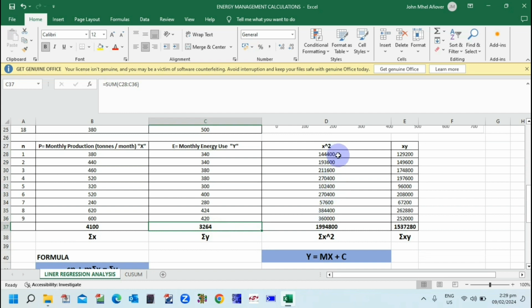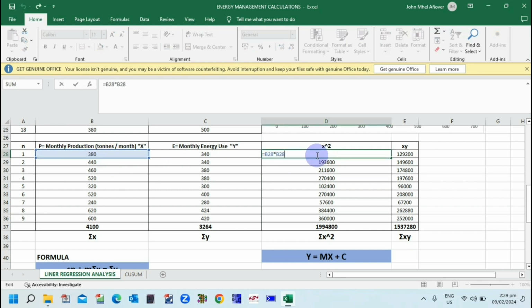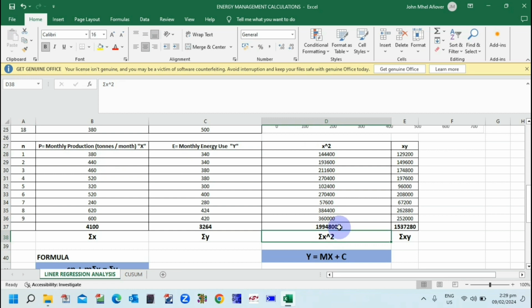Then the summation of x square of the monthly production is 1,994,800.